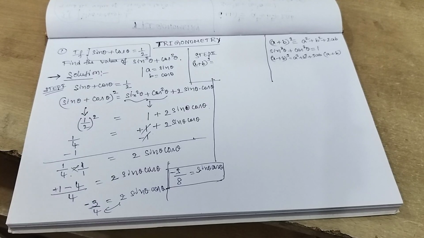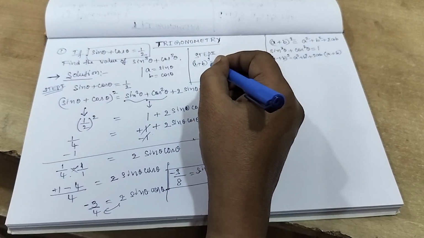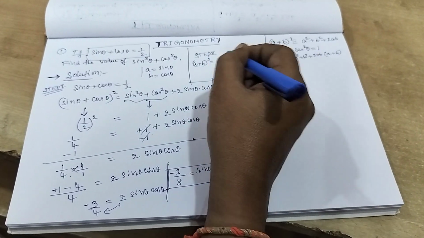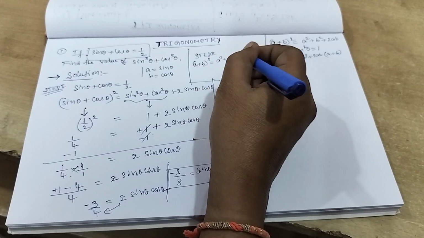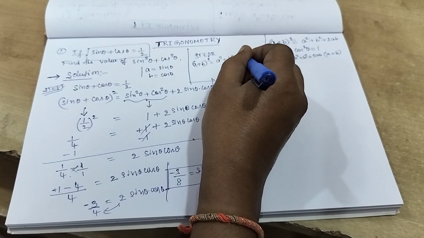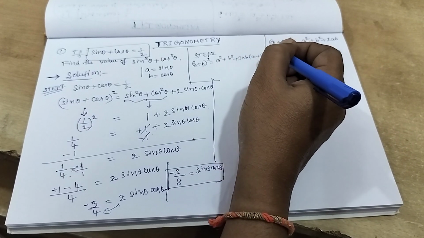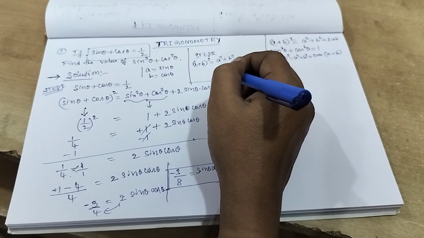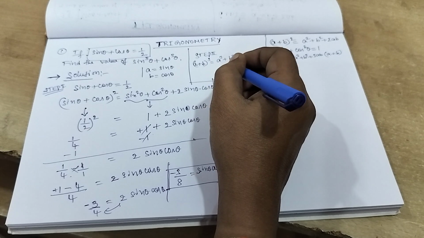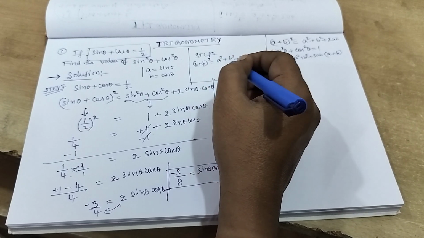Now this identity I have to write here to make you understand better. The same formula I am writing: a cube plus b cube plus 3ab, then times a plus b. So now the next step is very clear and evident. I will retain a cube plus b cube in the same place.